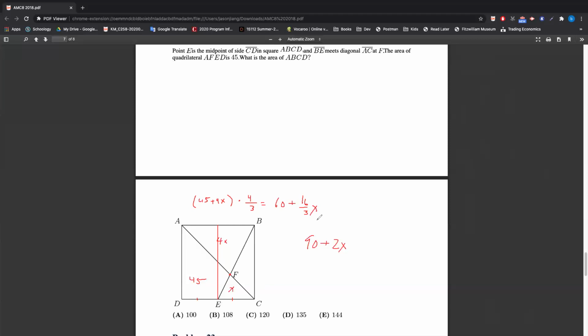And now we just need to find the area, which would need to find x, right? At the start, we said that the area was also 90 plus 2x. So we can set these two equations equal to each other.